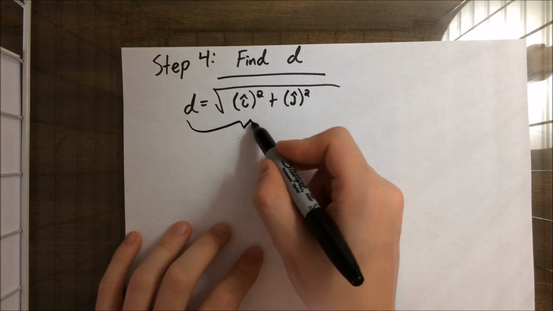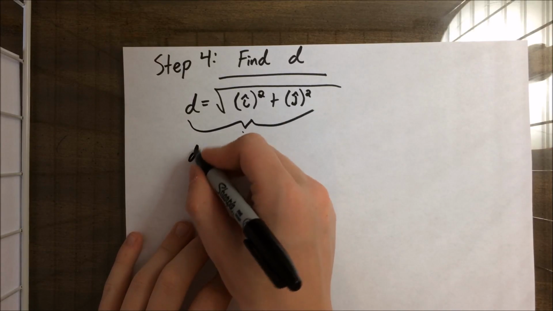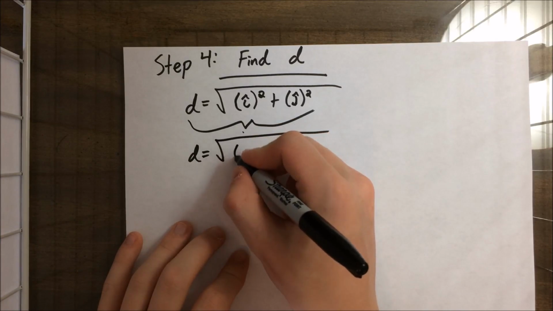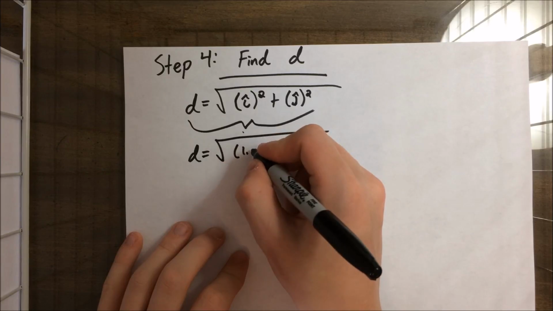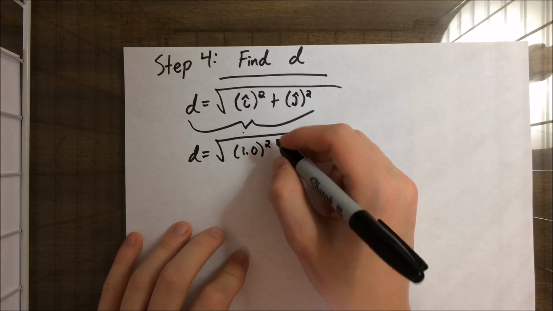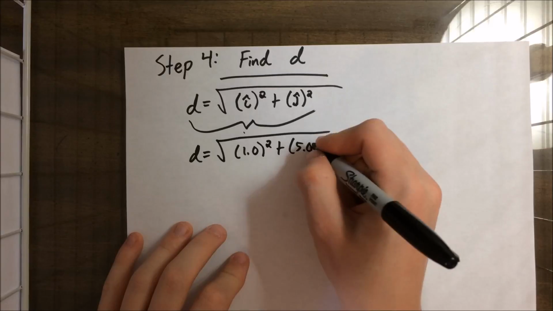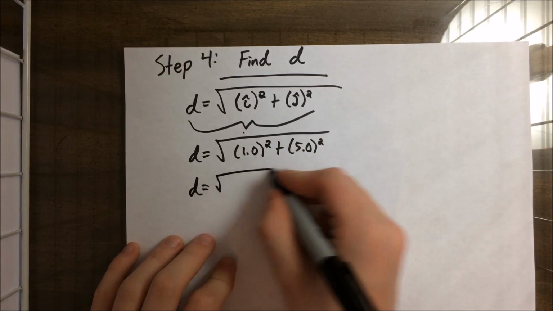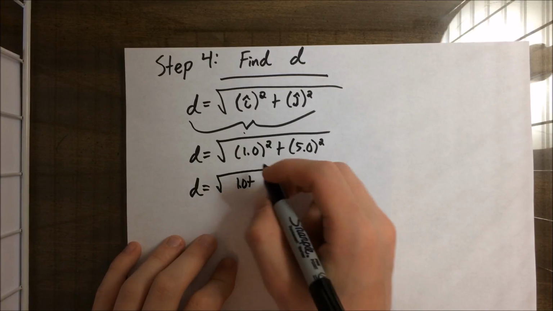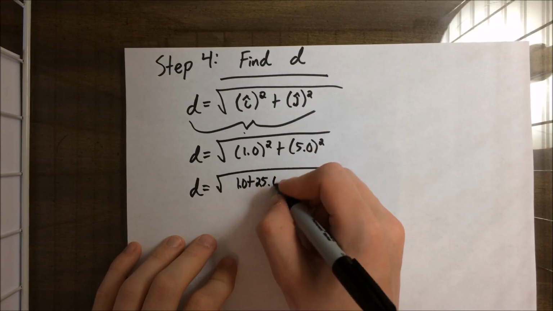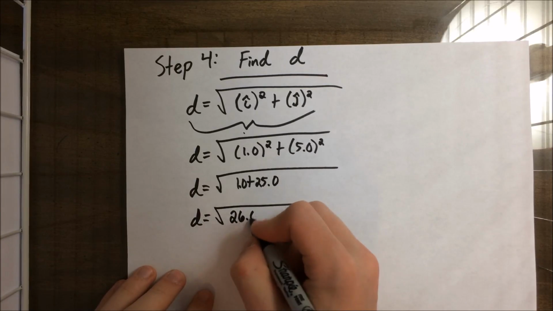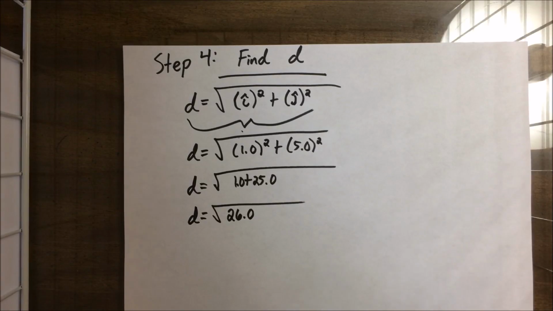So this is going to be the square root of 1.0 squared plus 5.0 squared. So simplifying, we get 1 plus 25. So then d is equal to the square root of 26.0. Alright, so then for step 5, we're going to find beta.